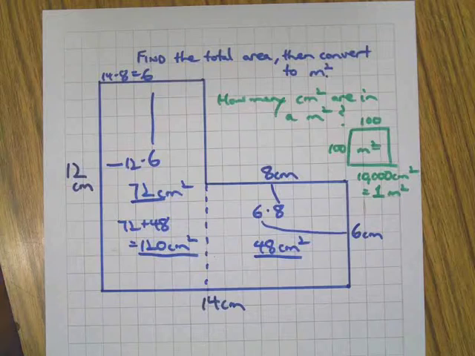So the centimeter to meter conversion only happens in 1 dimension on a straight line. Once you go to 2 dimensions, you've got to multiply both measurements, and the same thing works for volume with 3 dimensions.